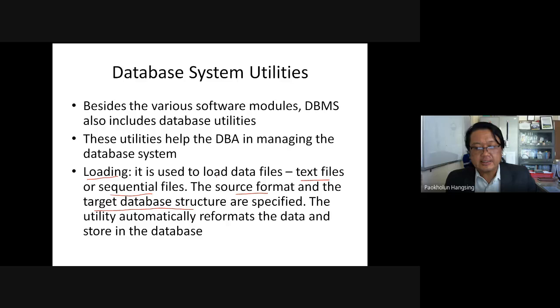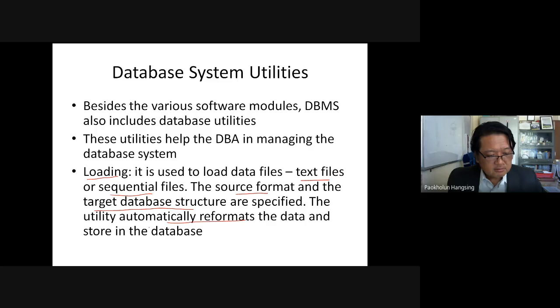We have an existing format, and that will ultimately be loaded into the database system in the target database structure. So what this utility does is that it automatically reformats the data and stores it in the database.